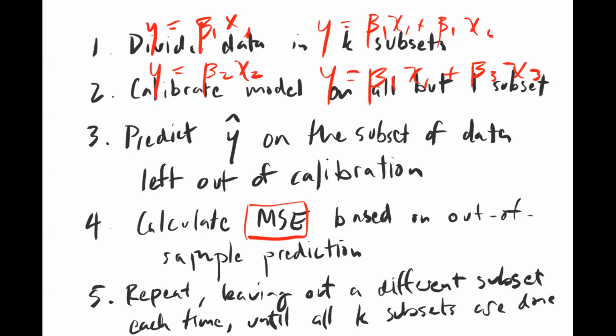You're going to have 5 different mean squared errors, and you just take the average of those. Okay, wait, I see what you're saying. Your coefficients are going to be slightly different. Yeah, but this is more testing the quality of your model specification.